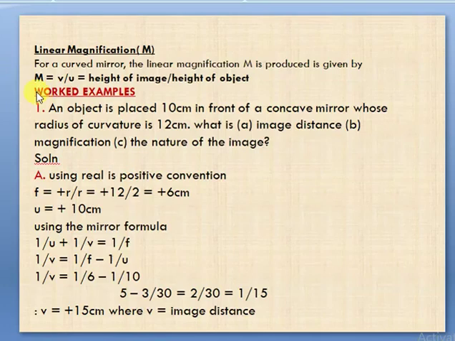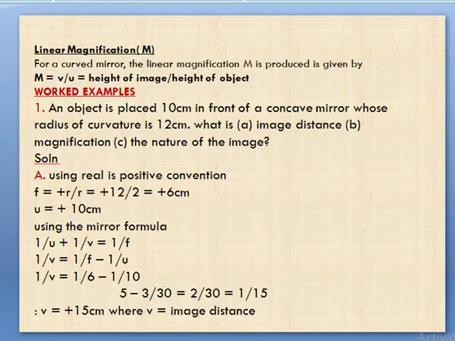Example 1, we are going to repeat it again. An object is placed 10 cm in front of a concave mirror whose radius of curvature is 12 cm. What is A, the image distance, B, the magnification, C, the nature of the image? Now let's see. Here we want to use the sign convention of what? Real is positive.